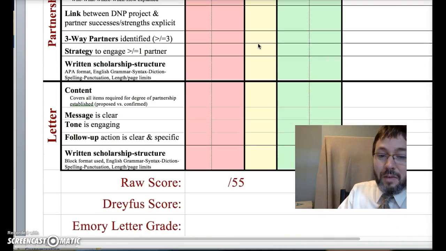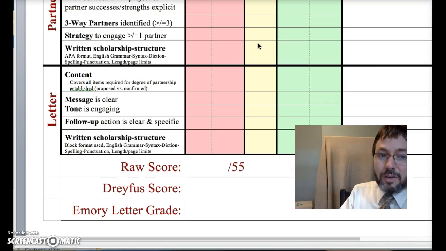And finally, in the letter, you're going to receive feedback, but also an evaluation score on content, the clarity of your message, and that your tone is inviting and engaging. You've given them a specific, clear follow-up plan, and the scholarship is robust. You've used standard written English and followed the page and paragraph limits for the activity.